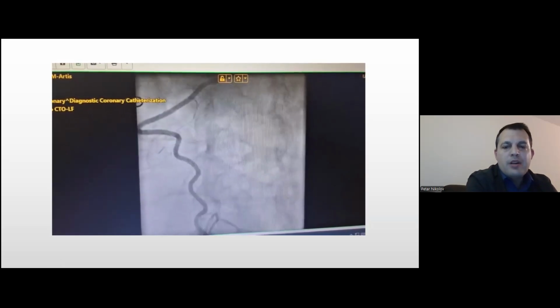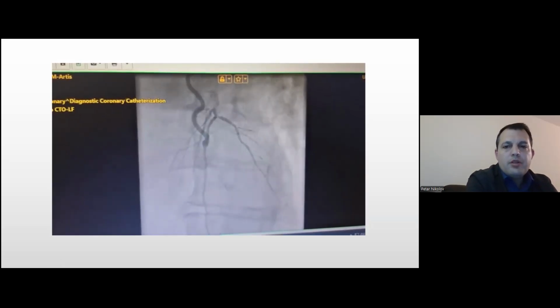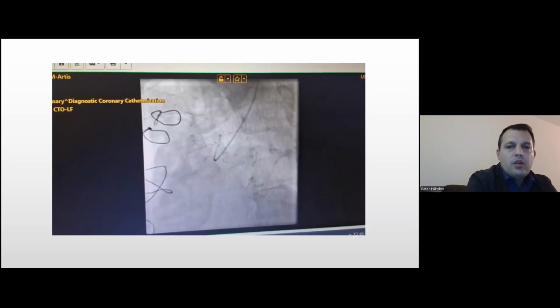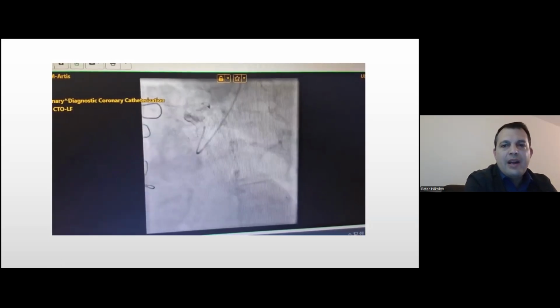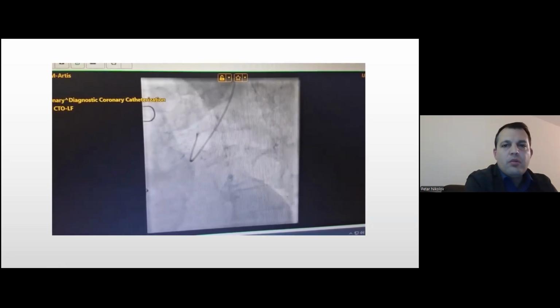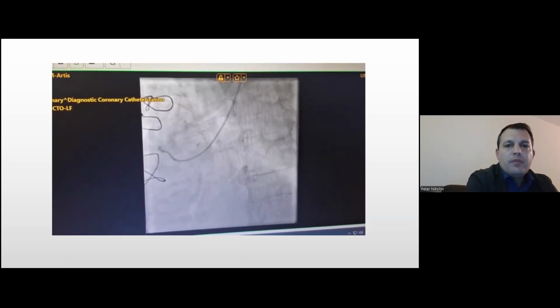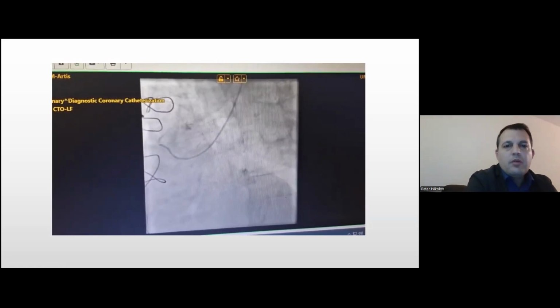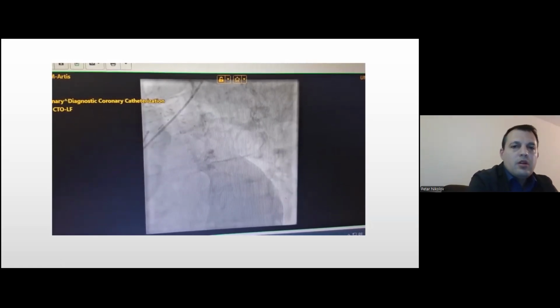Also, in the progression of the procedure, the patient faced one ventricular tachycardia, and we performed cardiopulmonary resuscitation that was successful.